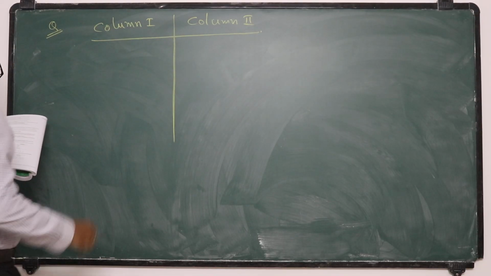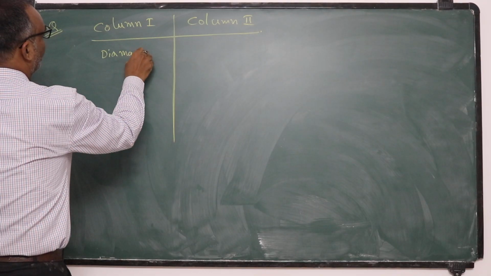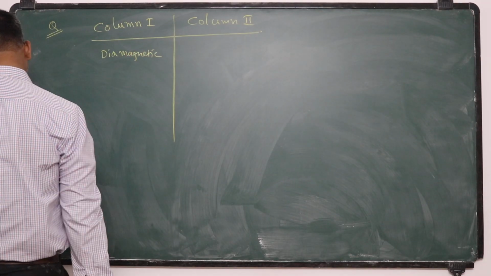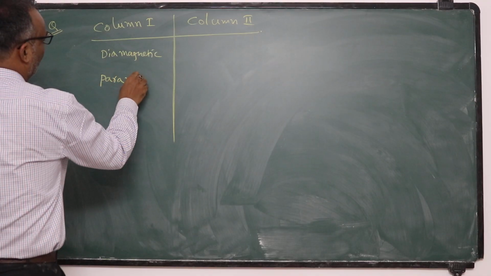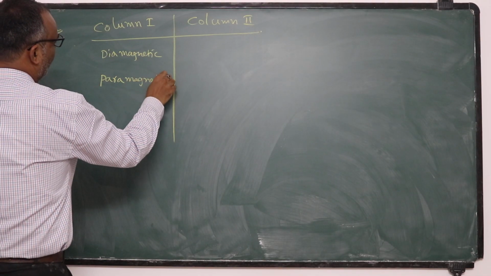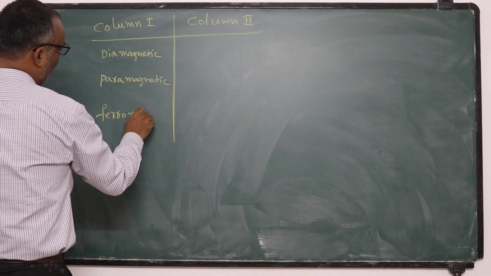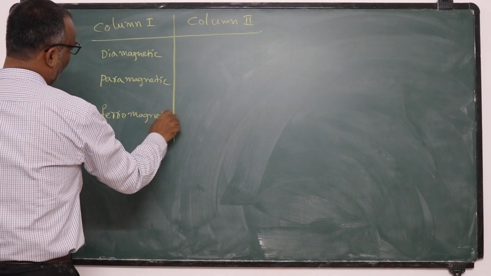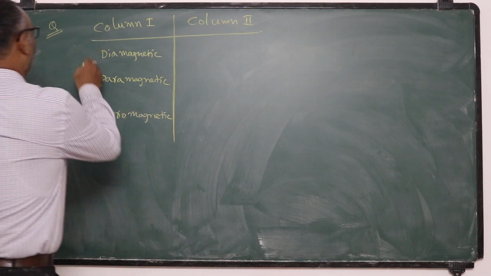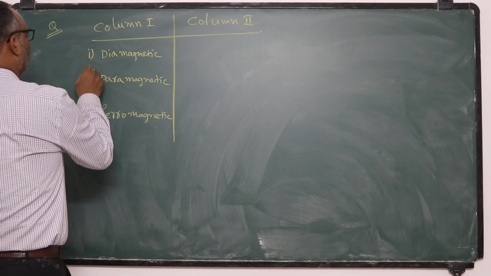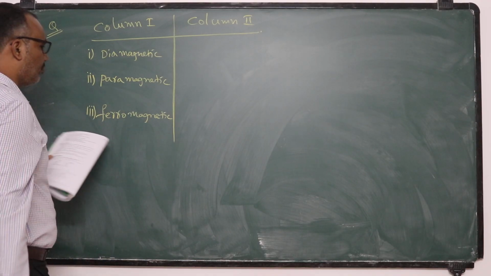In the first column, they gave diamagnetic, paramagnetic, ferromagnetic. These are given as 1, 2, 3.